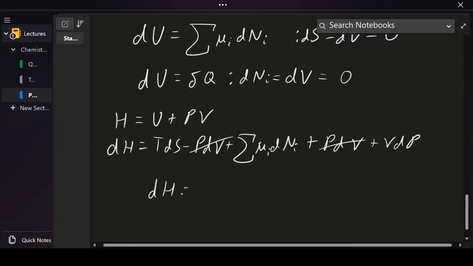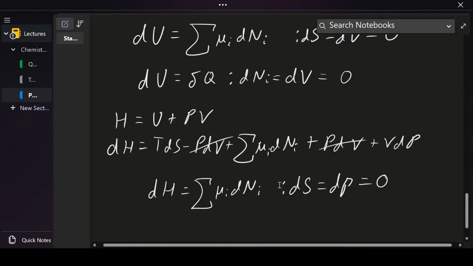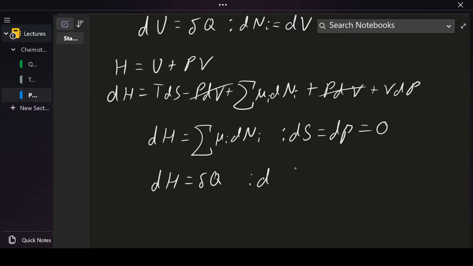So dH, when I'm at constant entropy and pressure. And it can also describe the heat change of my system, assuming I keep the entropy and the chemical makeup constant.